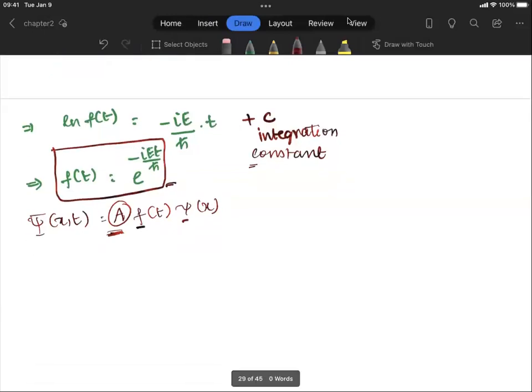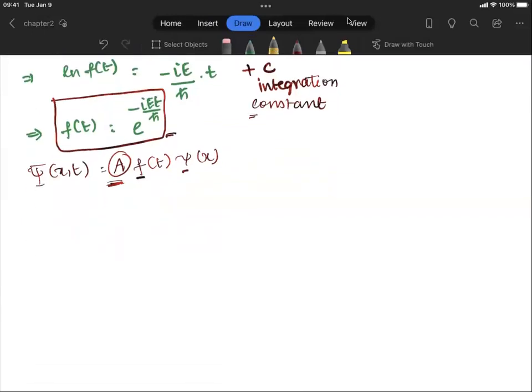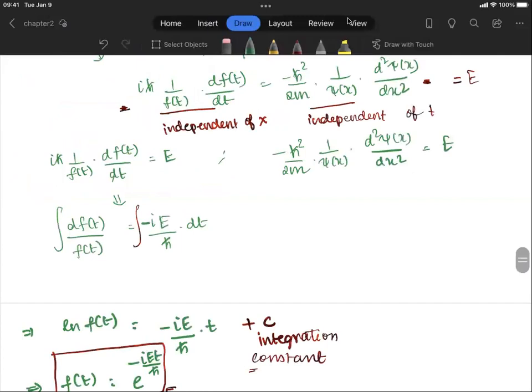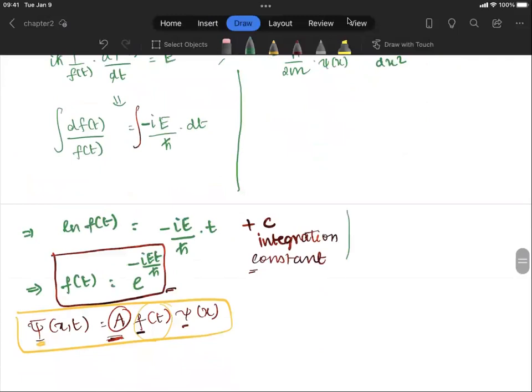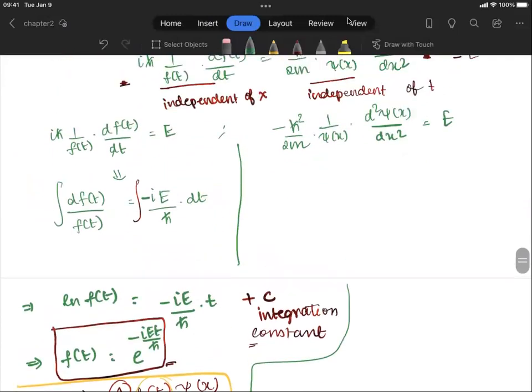Our goal here is to find out psi of x and t. We found out what f of t is. We need to find out psi of x. So we can write this equation as equal to 2mE over h bar squared times psi of x.